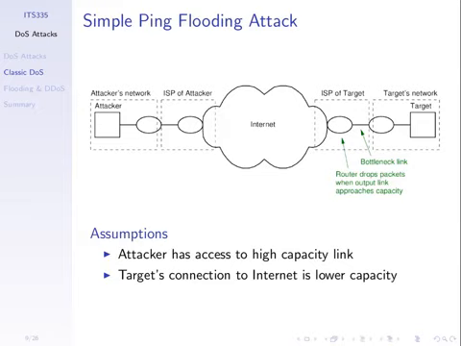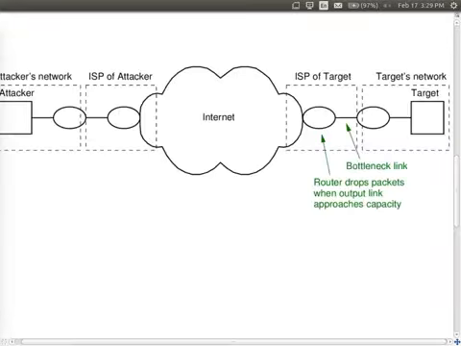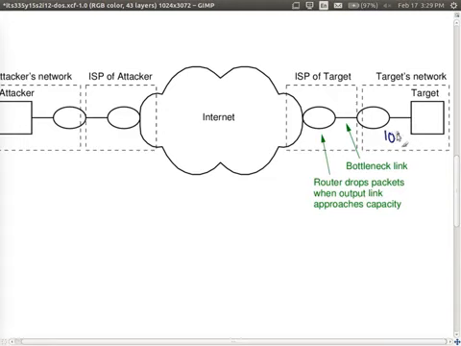How that is achieved is by the attacker sending enough packets such that the input to this router approaches the capacity of the link. If we want to put some numbers to that, let's say, just for this initial case, that this link supports 100 megabits per second.